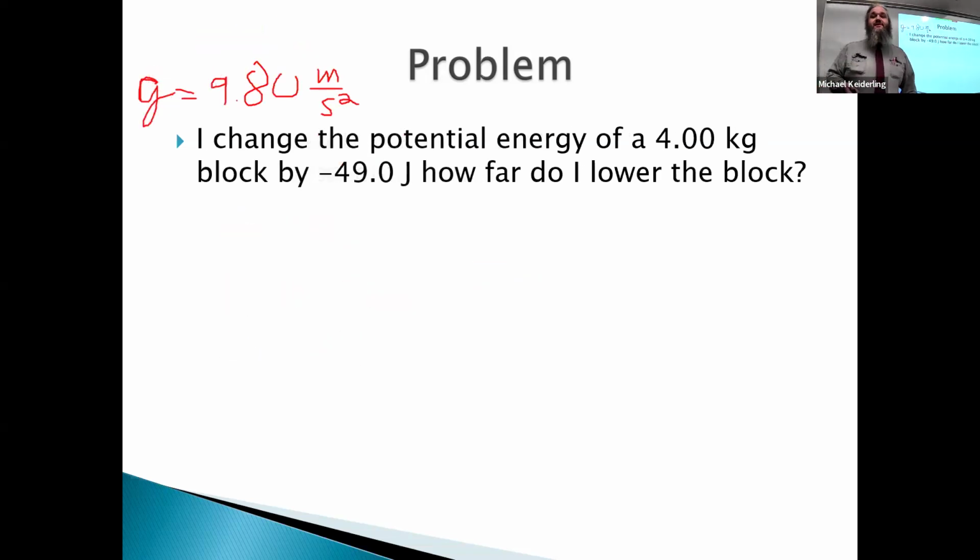If I change the potential energy of a 4 kilogram block by minus 49 joules, how far do I lower the block?